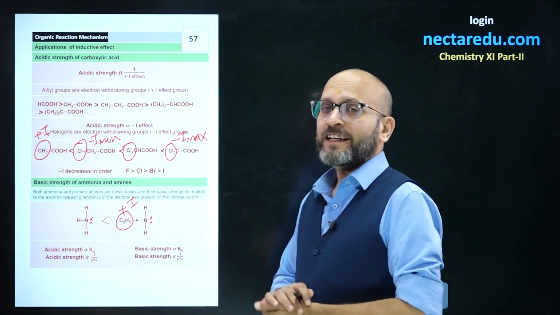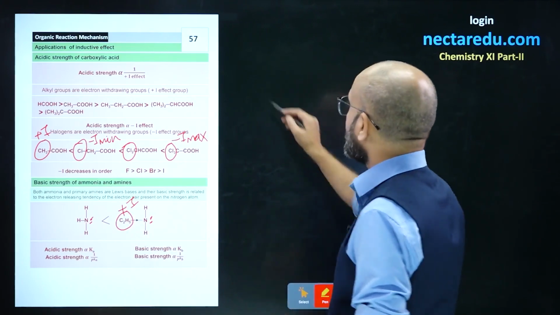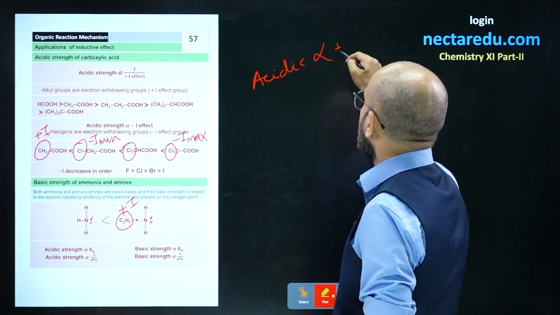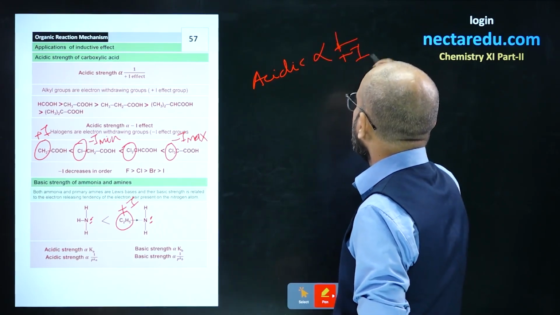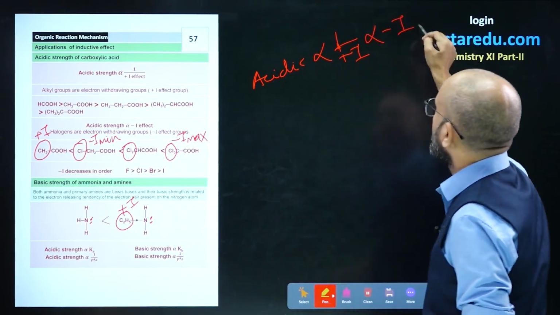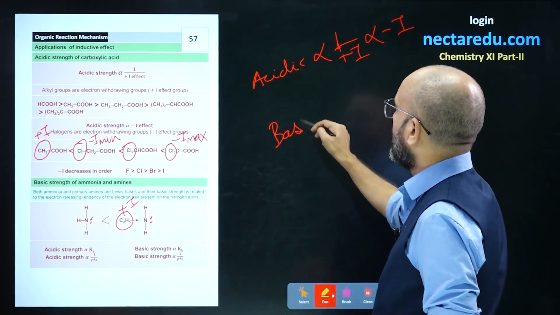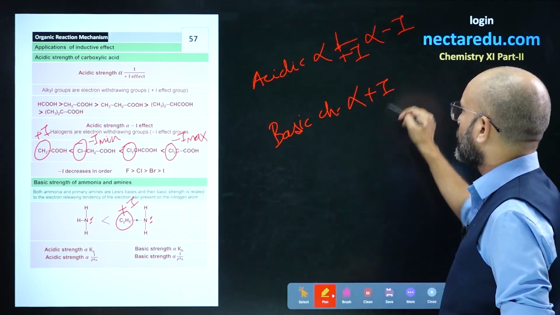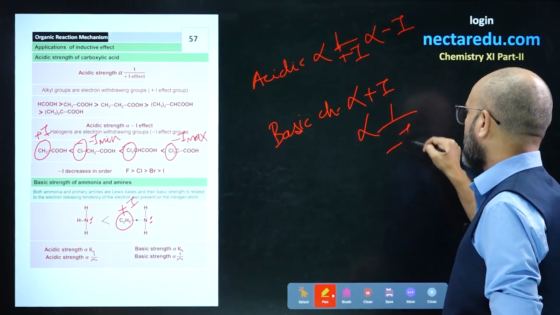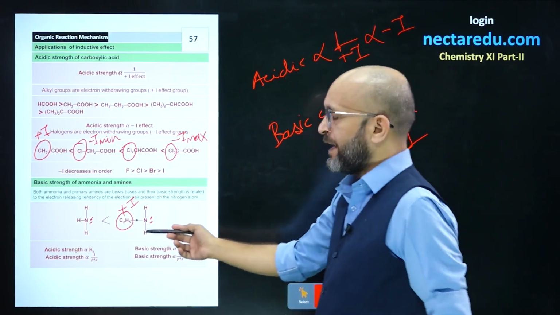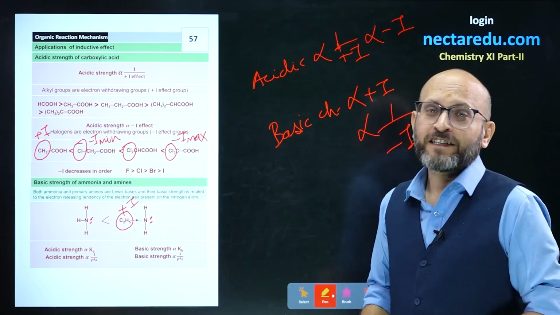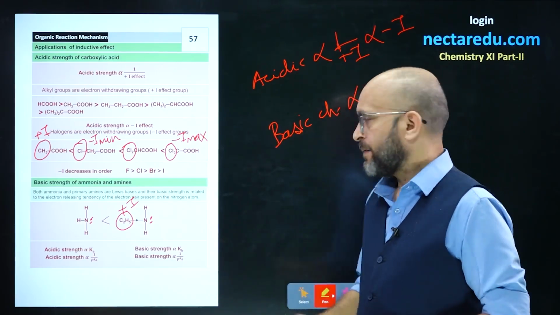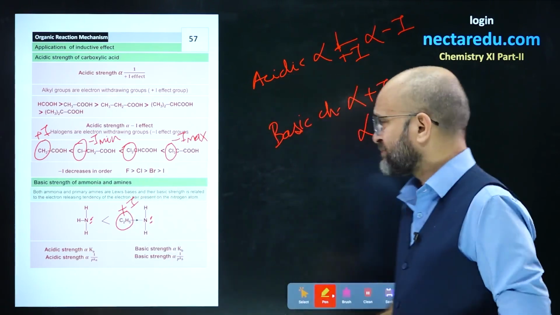Since acidic character is inversely proportional to plus I and directly proportional to minus I, basic character is exactly opposite. It has a direct relation to plus I and an inverse relation to minus I. So from here you can observe that ethylamine is more basic than ammonia, right? So amines are always more basic than ammonia.